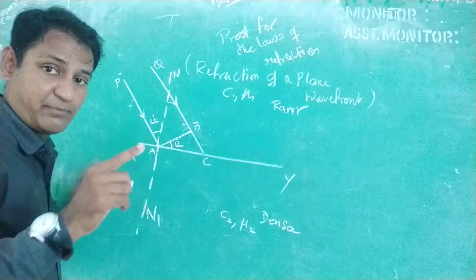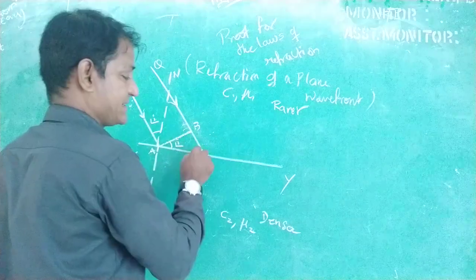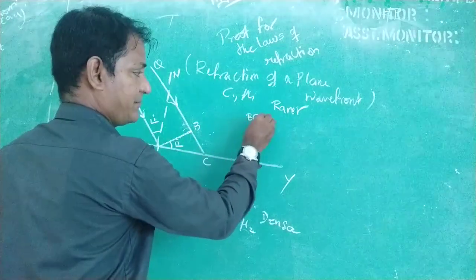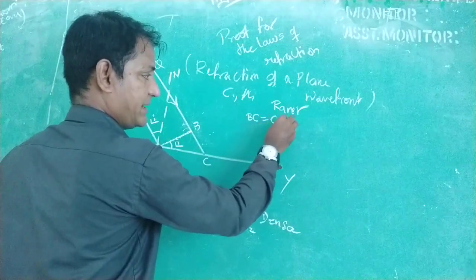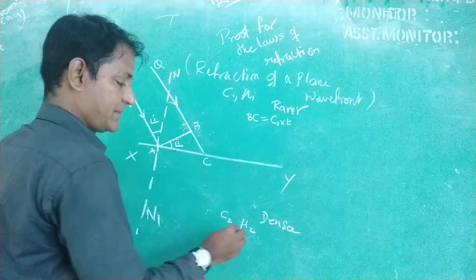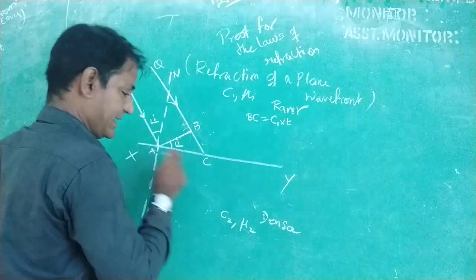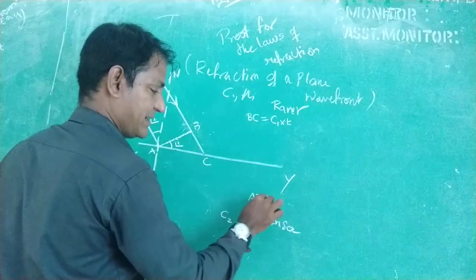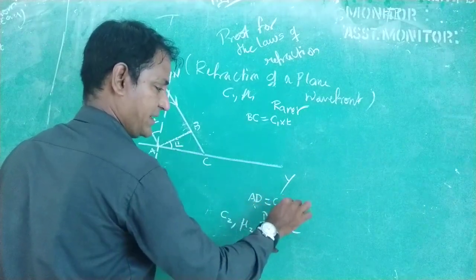That distance we are going to measure. Here, the distance BC is nothing but the velocity of light c1 into the time taken. And AD is nothing but the velocity of light c2 into the time taken.